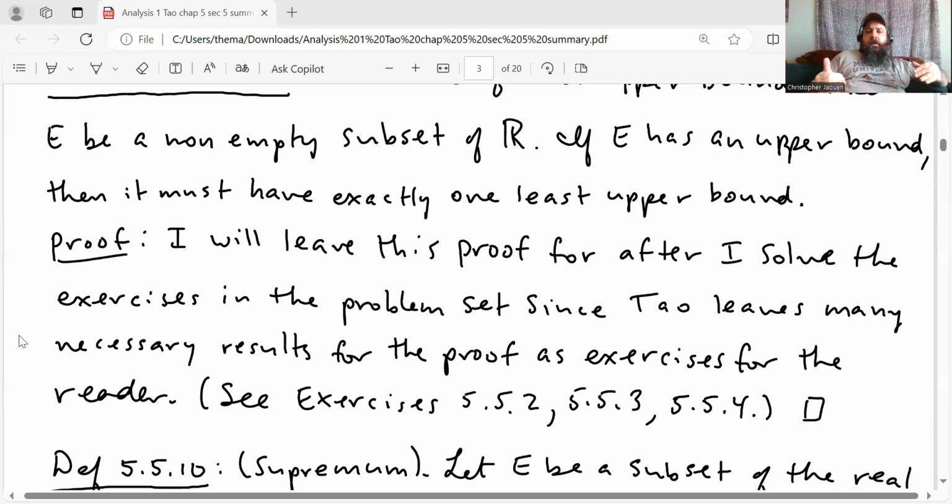I think the proof will flow conceptually better if I prove those lemmas first and then do the proof in the exercise set video, just for readability reasons. So I'm going to hold off on actually doing the proof until the exercise set video, which should be the next video that I put out. All right, so we'll hold off on that one for now.